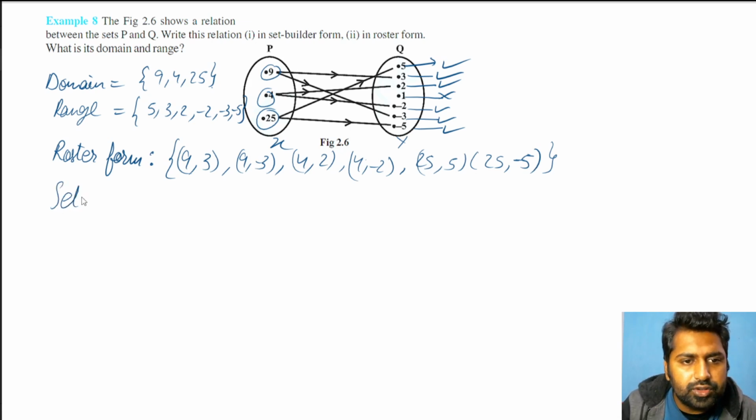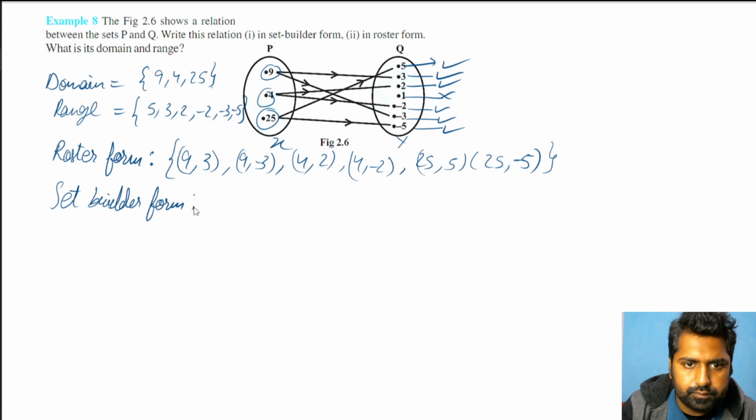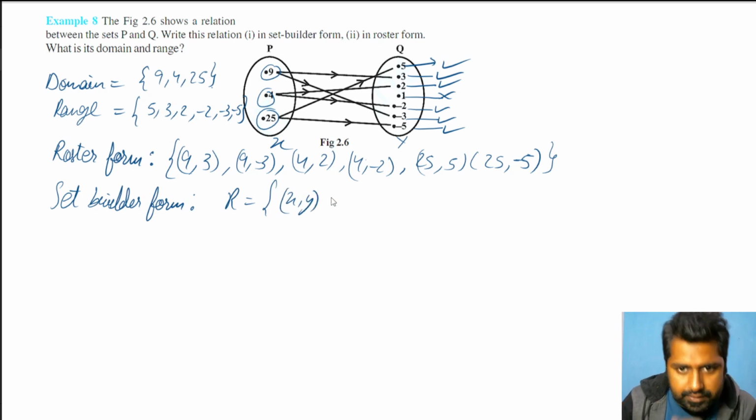Set builder form, you actually have to write a relation. So first of all, I'll say R is equal to, then I'll say x comma y, because there are two values, such that. Now I have to define the relation.